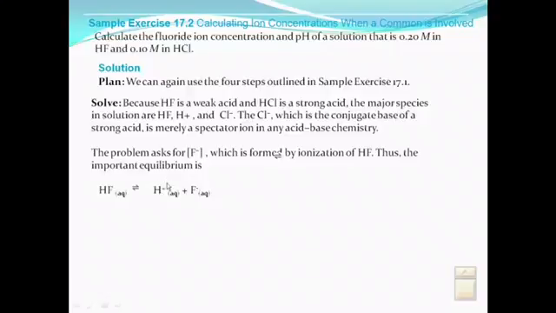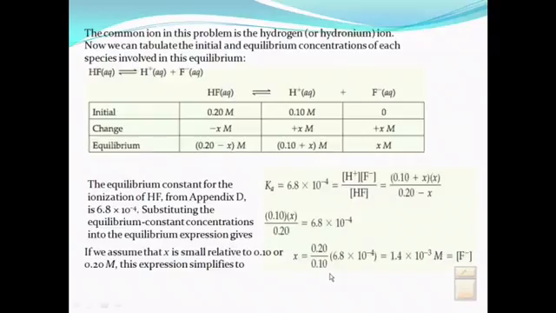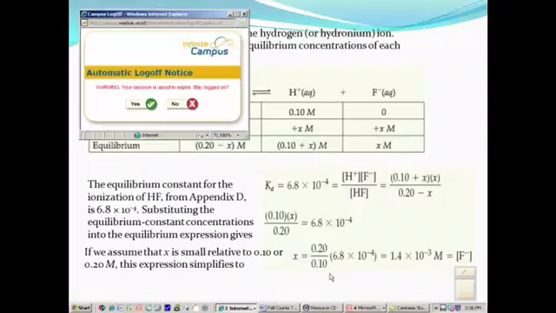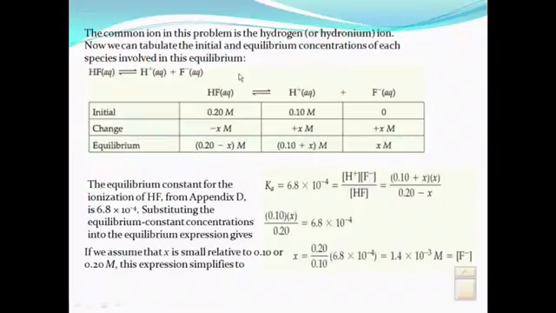We want the hydrogen ion to be in the product, okay? Let's keep going. It says the common ion in this problem is the hydrogen or hydronium ion. It says now we can tabulate the initial and equilibrium concentrations for each.